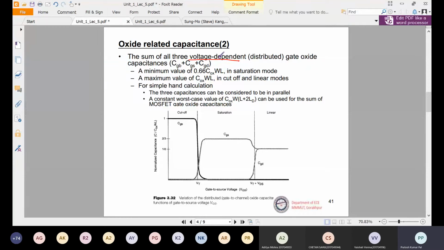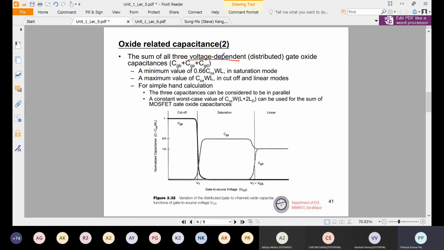And why are these voltage dependent? Because voltage is causing the channel formation and channel depletion, and it is also causing that there is no channel. In the cutoff region, there will be no channel region.